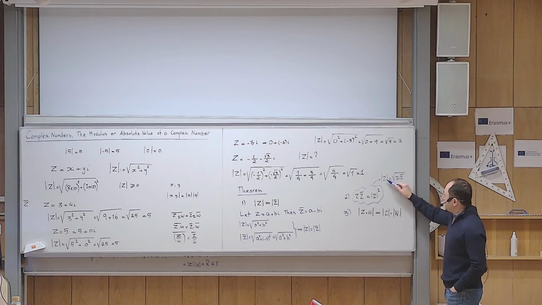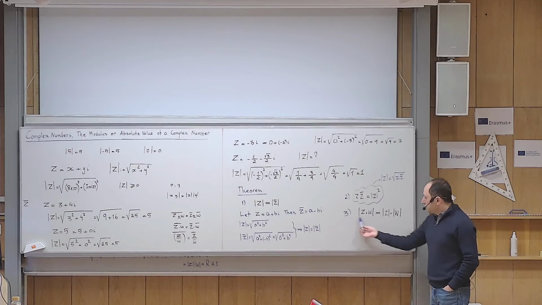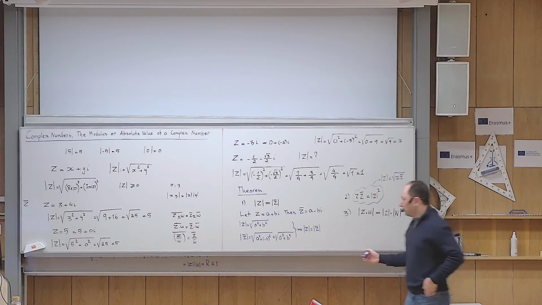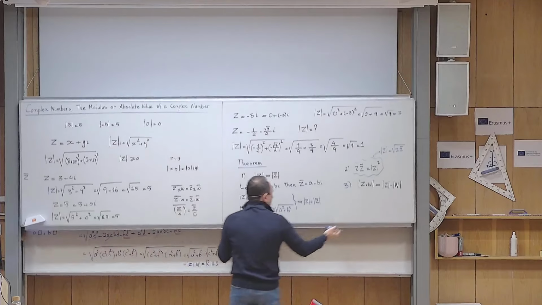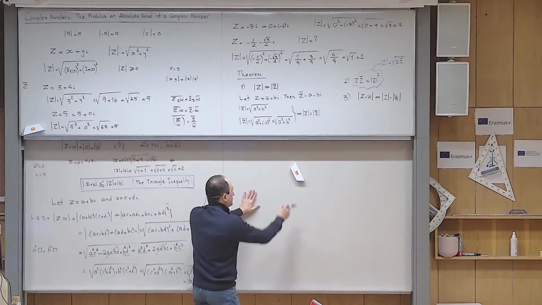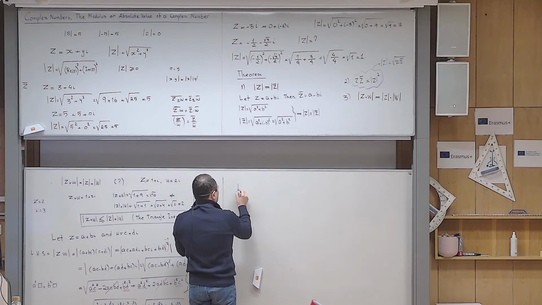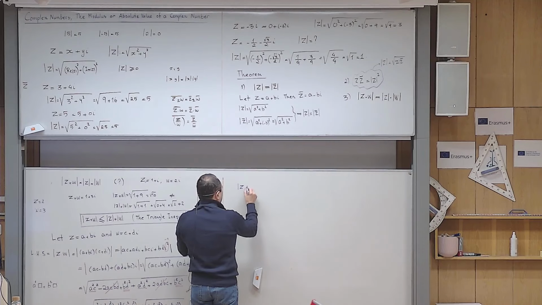So absolute value of a complex number is also equal to the square root of the product of that number by its conjugate. Okay? I want to do something similar here. My goal is to calculate absolute value of z times w. So what do I do? Absolute value of z times w.